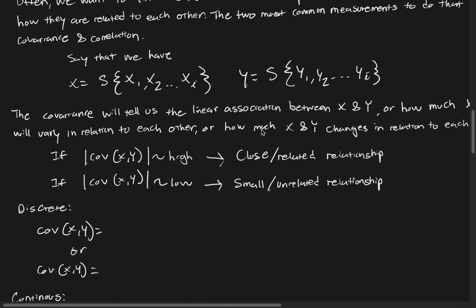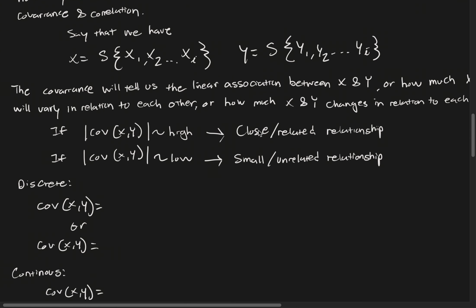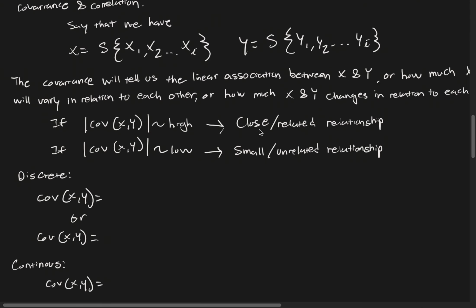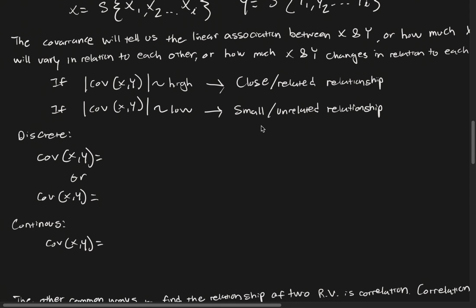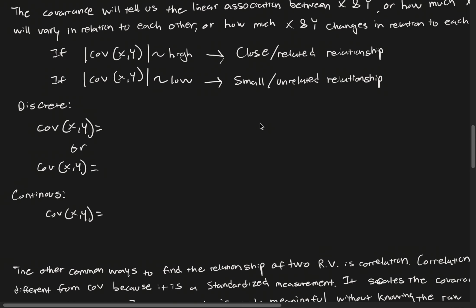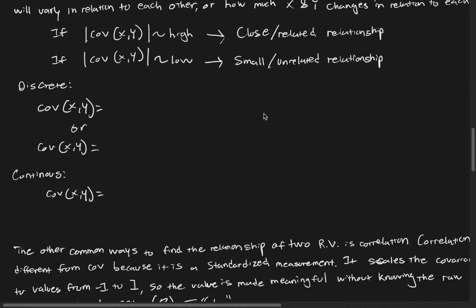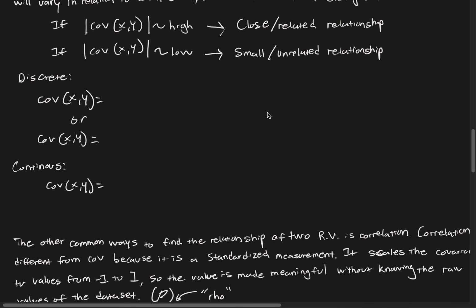So simply giving the covariance without looking explicitly at the data set is kind of meaningless. But we use it a lot of times nevertheless.